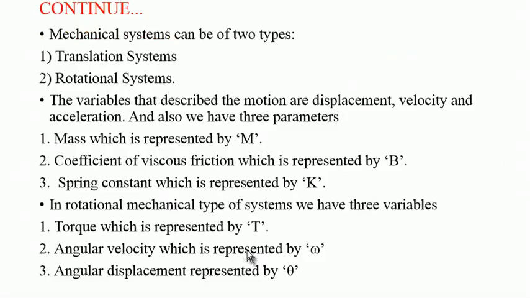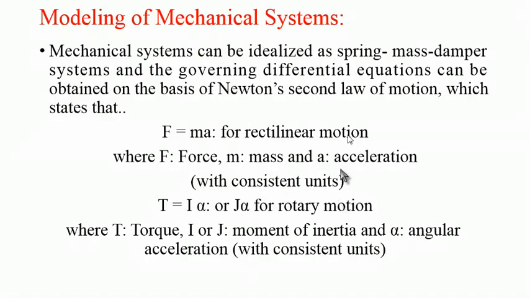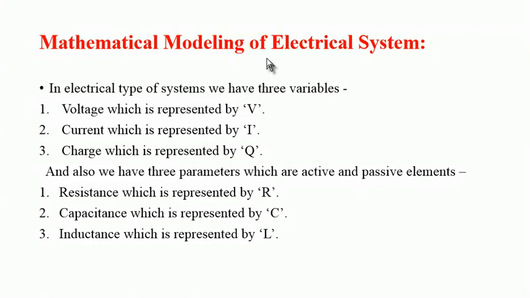Here also we are considering three elements, as in the previous mechanical system: spring, mass and damper in the mechanical system, and resistance, capacitance and inductance in the electrical system. The three variables here are voltage, represented by V, current and charge.